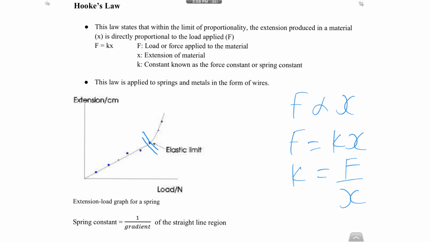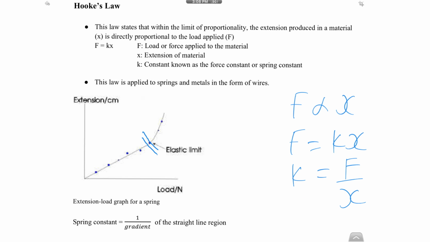So what's the difference? It depends on what material or object you're using. If you're using a spring, and you're finding the extension versus force graph for a spring, then the constant here is called a spring constant.